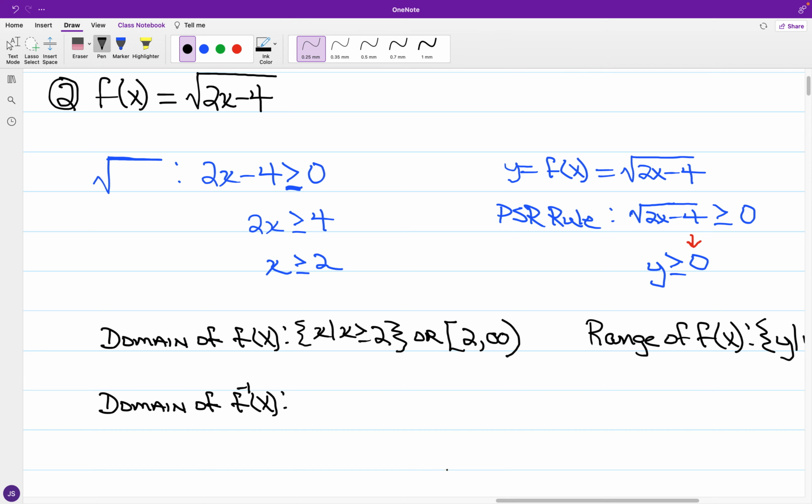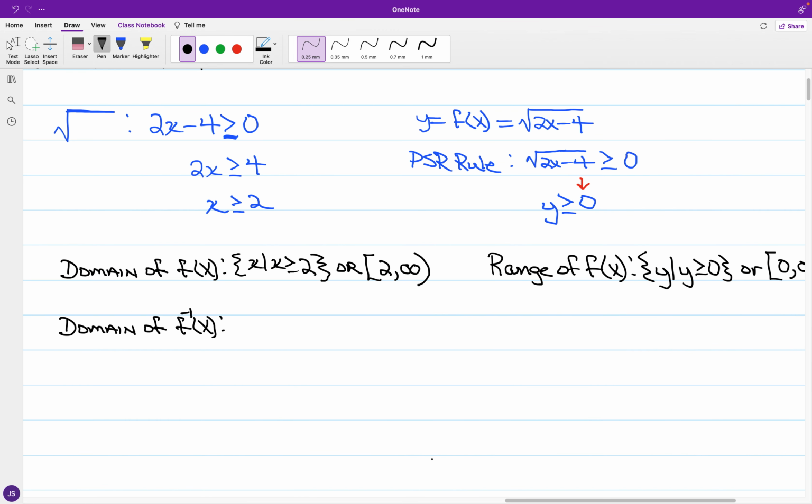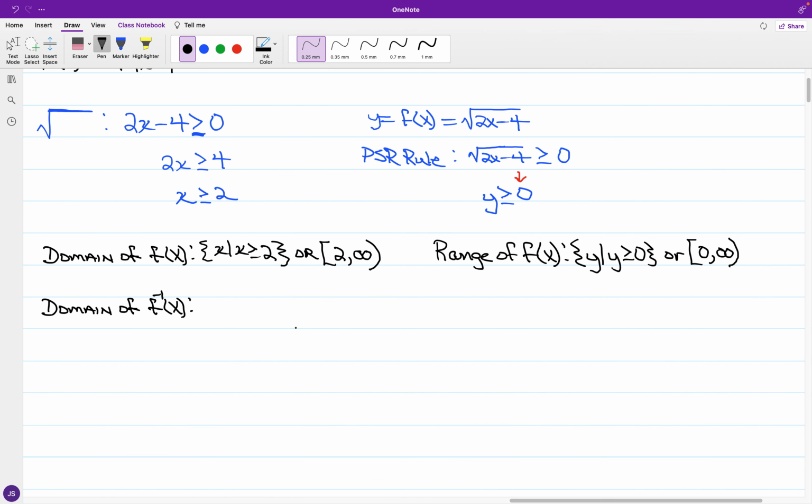So again, for the domain of the inverse, what is allowed in x for the inverse will be what was allowed for y in the one-to-one function f of x. So in this case, we have the set of all values of x such that x is greater than or equal to 0.